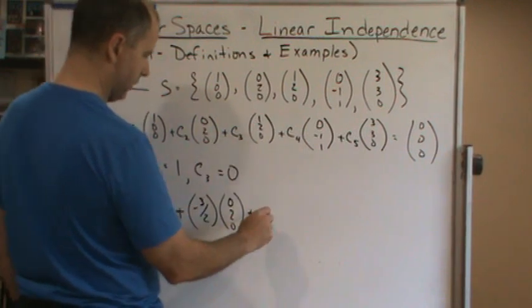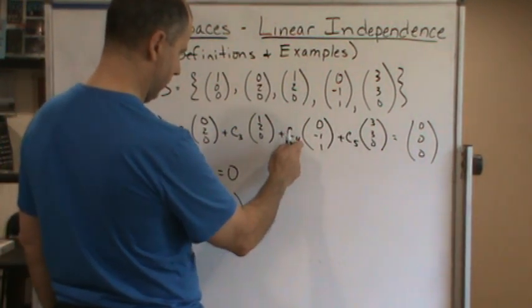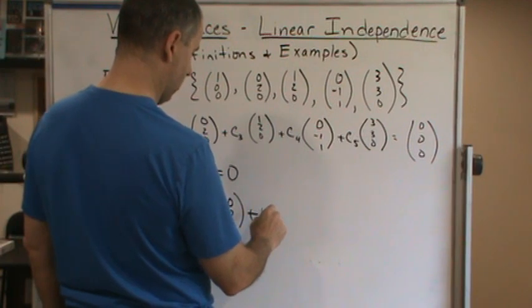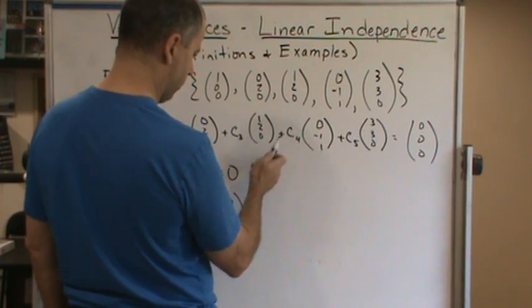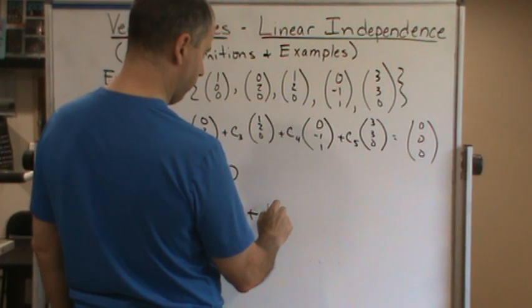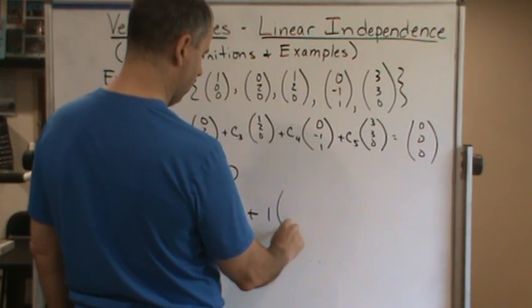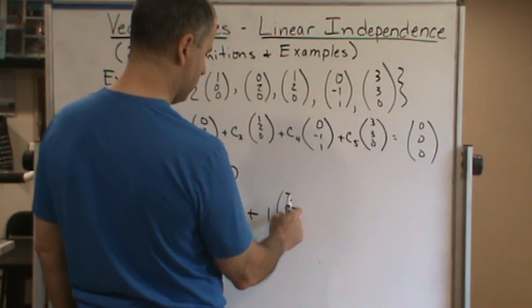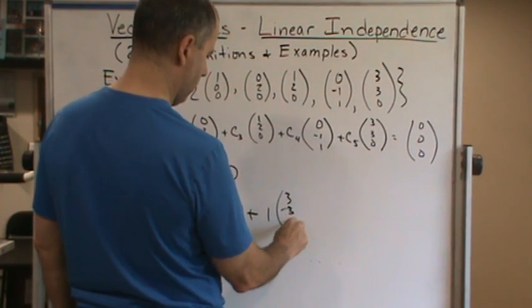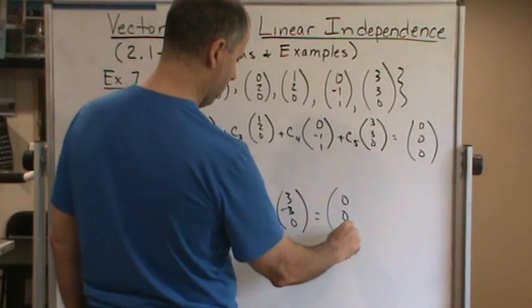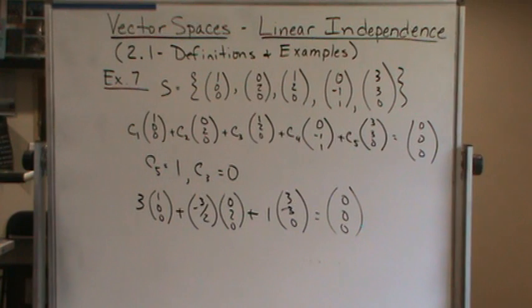This is just going to be 0, and then we're going to get C4, which is 0, right? So C4 is 0, and then we're going to end up with 1 times (3, 3, 0), and that's going to equal our 0 vector.